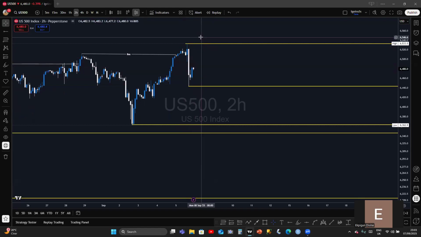It has started pushing up. Why? At this level, there's a support level. Buyers, they are here. They are strong here, so they are rejecting the price.